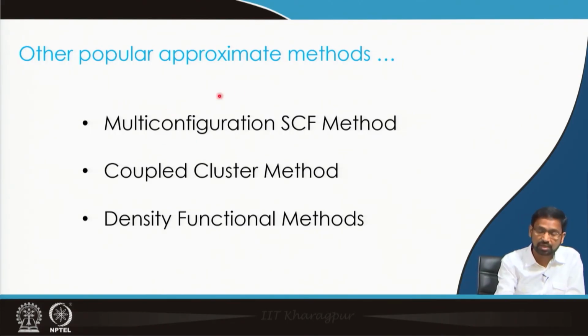These are very important techniques when one looks at systems with electronic degeneracy and excited state spectroscopy. So, multi-configuration SCF methods are very useful. The other important class of methods are the so called coupled cluster methods. They have rather a lot of similarities with CI. It is essentially collecting different configurations and doing an interaction between them.